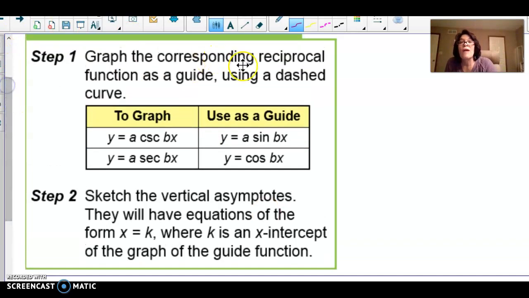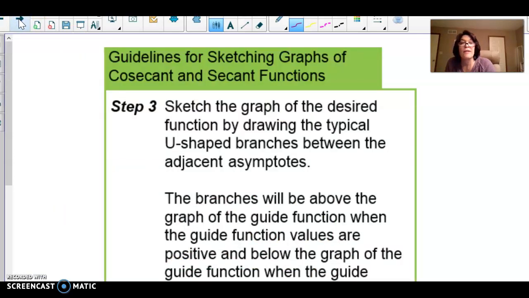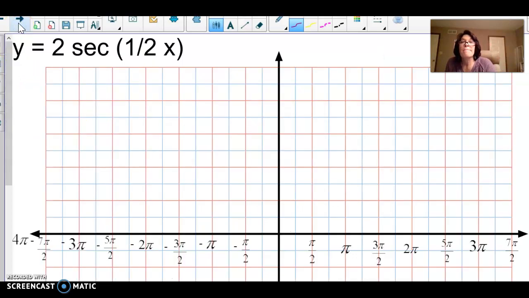So you graph the corresponding reciprocal function. If I'm graphing cosecant, I'm going to graph sine. If I'm graphing secant, I'm going to sketch cosine. And then fill in where the asymptotes are, etc. You make these little U-shapes between the asymptotes.